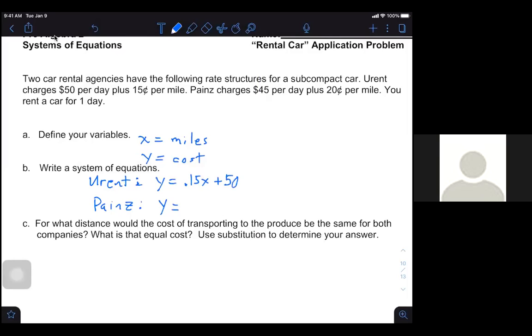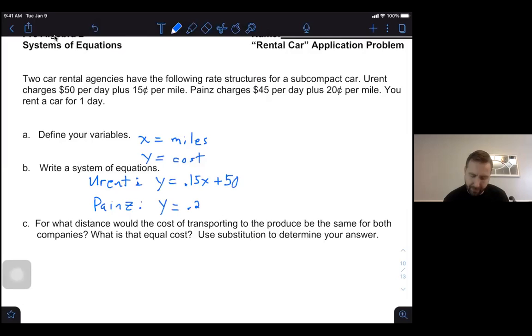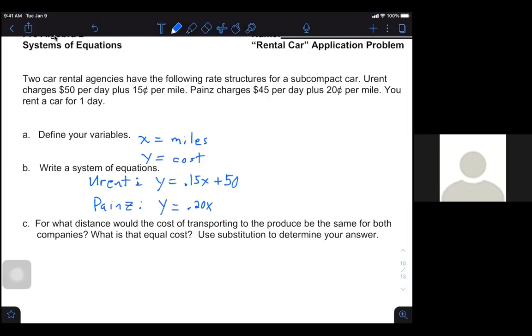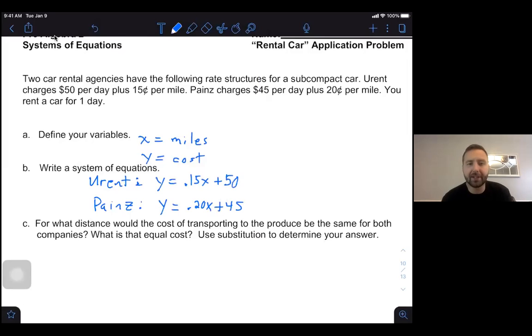It'd be 0.2x plus 45. Yeah, 0.20x plus the $45 that started the charge for the daily rental. And that's it. Everything else is very much identical to the problem Miss Kane just did with you.